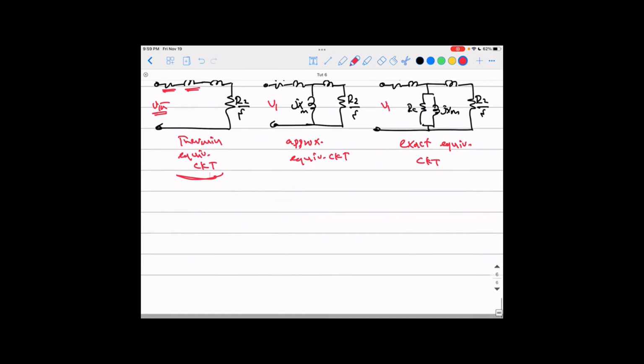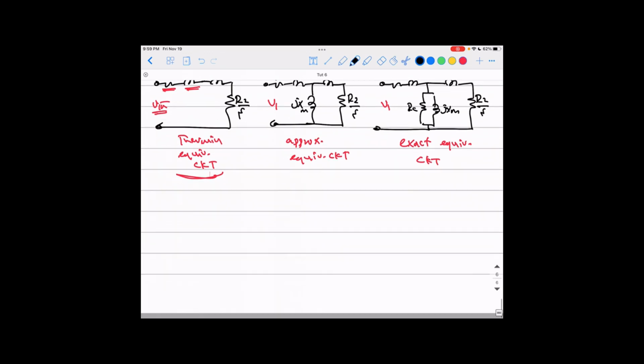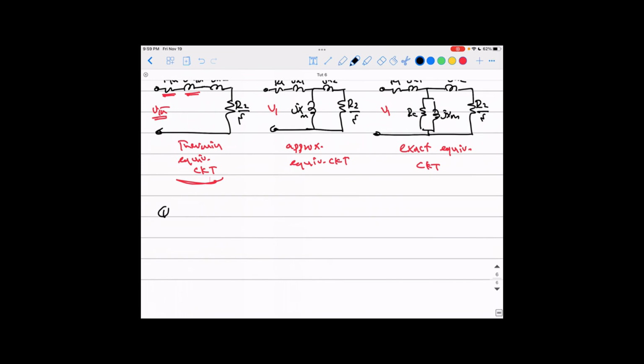Fine. We have derived this before, so we can directly use the equations. For number one, we need to find the Thevenin voltage, which equals V1 multiplied by jXm divided by R1 plus jX1 plus jXm. Refer back to the lecture where we derived all of those.